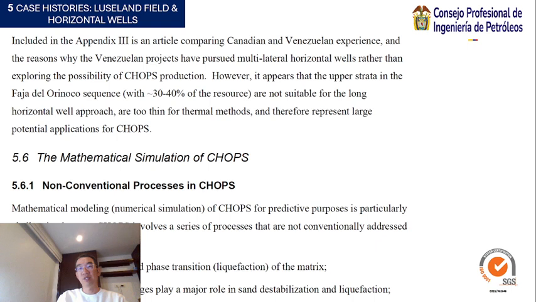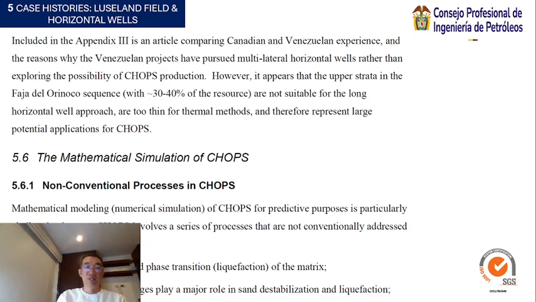However, it appears that the upper strata in the field, with about 30 to 40% of the resource, are not suitable for the long horizontal well approach, are too thin for thermal methods, and therefore represent large potential applications for CHOPS.